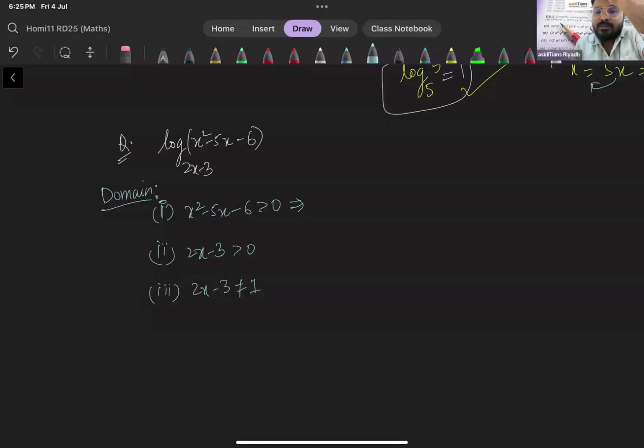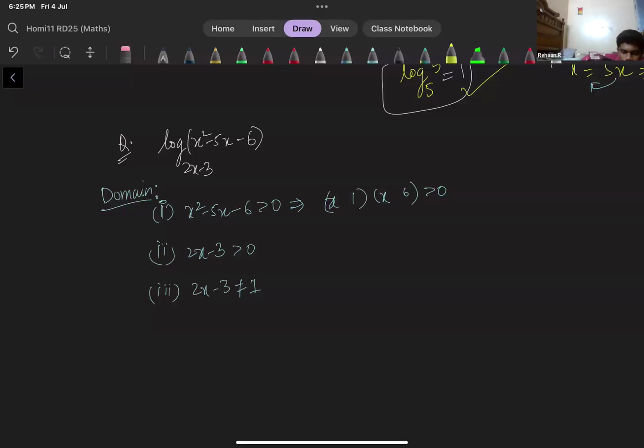So the factors will be x minus 1 into x plus 6. Correct? It is greater than 0. Is it correct, guys? X minus 1 and x plus 6? Or I think it's x plus 1 and x minus 6. X plus 1.